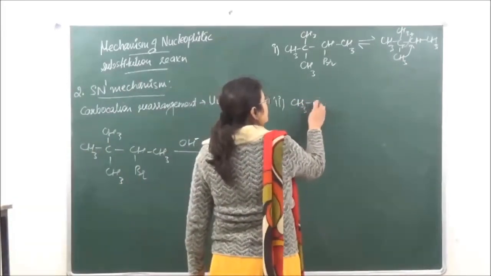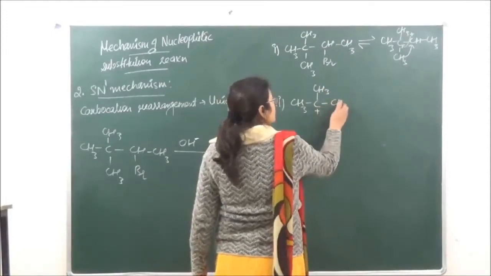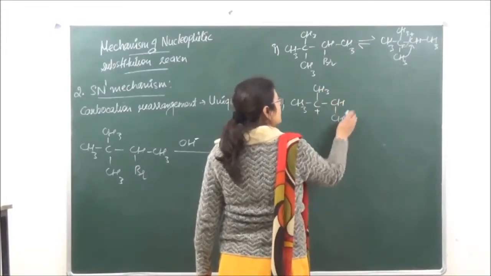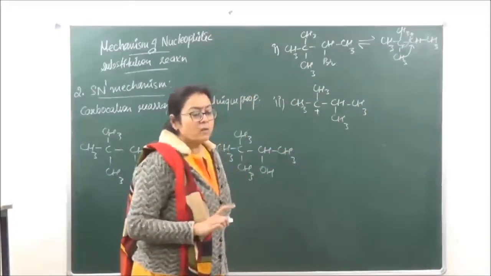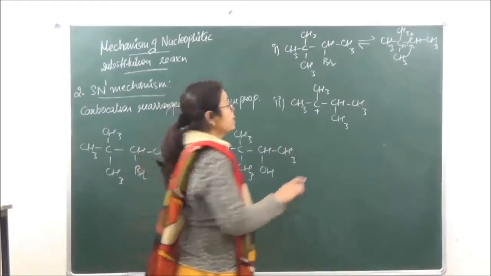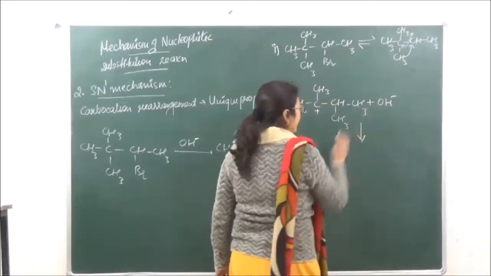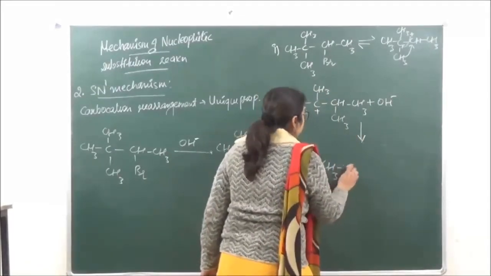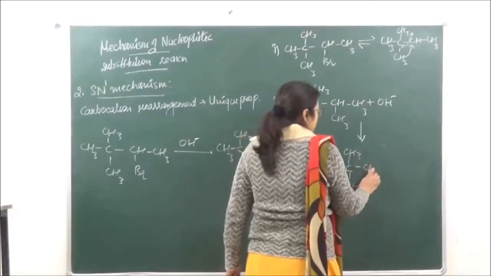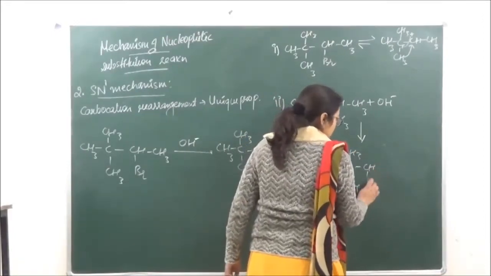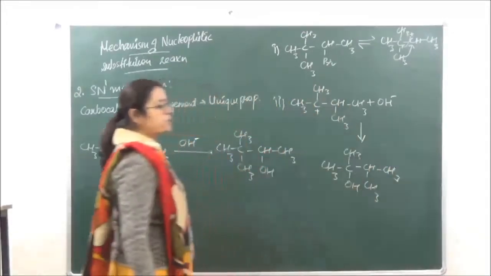So we have over here CH3 with a positive charge. So this is going to be a 3 degree carbocation which is more stable. Okay, so the actual product which we are going to get over here on attack of the nucleophile is the product we are getting.